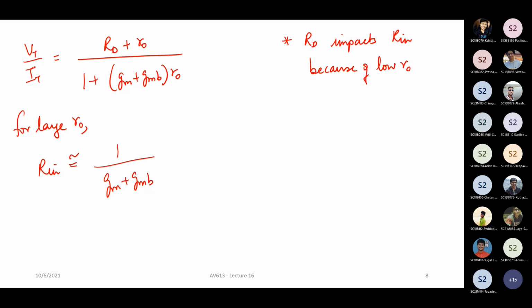Now, as we have seen in the RFIC class, for some of the BTech students who took it, but for others also, don't worry about this. Basically, if you look at any wireless receiver or even wireline receiver, when you talk about RF circuits, you want to make sure that your input is matched to 50 ohm, right?